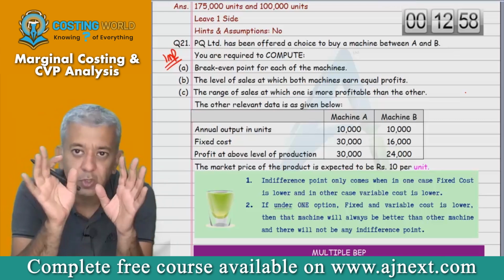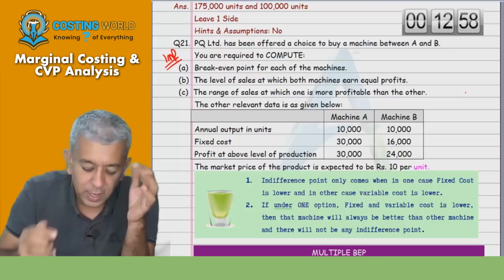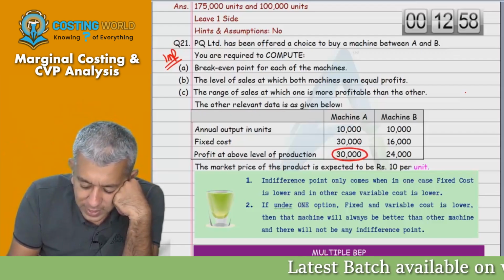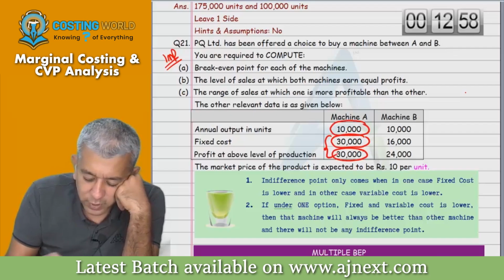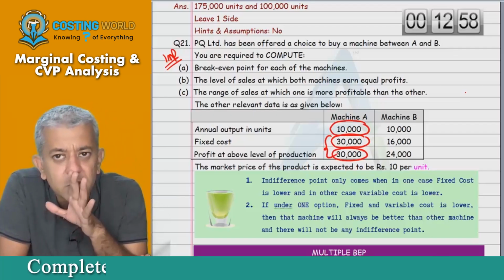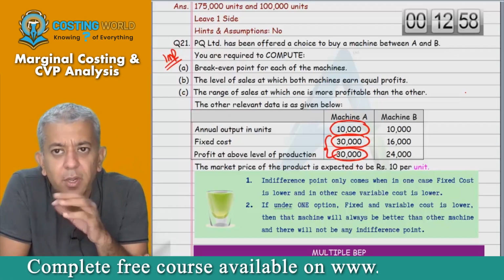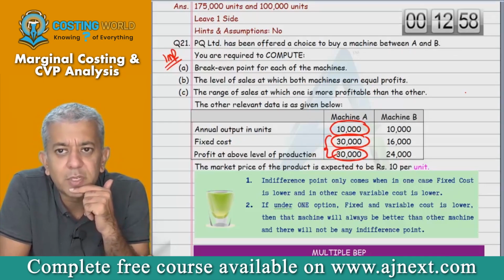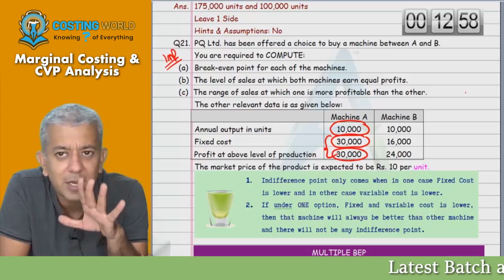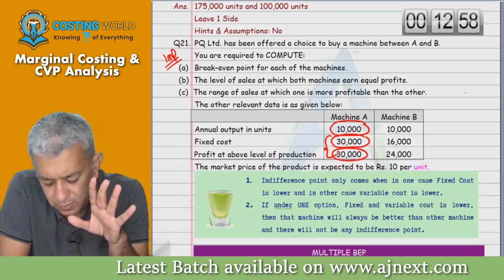How? You have your profit, add your fixed cost, you will get contribution. This contribution we are getting from 10,000 units. So you will get your contribution per unit. Once you have your fixed cost and contribution per unit, automatically you will arrive at break-even point. Is part A okay? A manageable part?